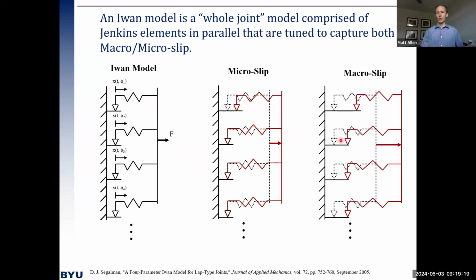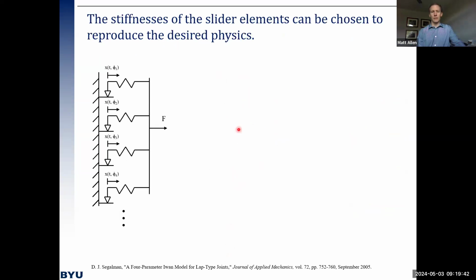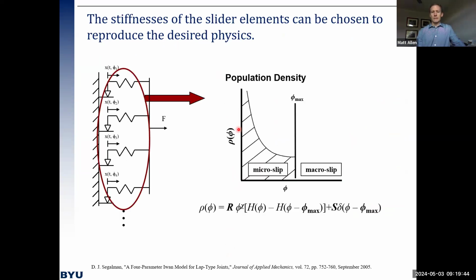At higher forces, more of them will slip. Maybe they all slip. And so you can define a distribution of strength of the sliders, or distribution of normal force times coefficient of friction, that completely governs the behavior. And so I1 was able to do that and show what behavior is possible with this kind of a model.